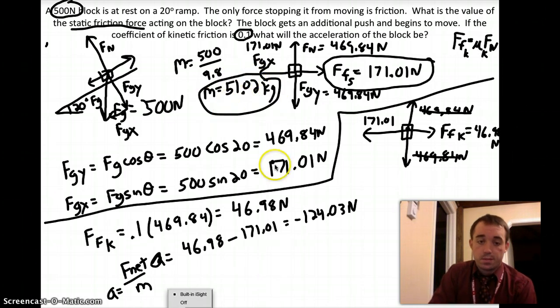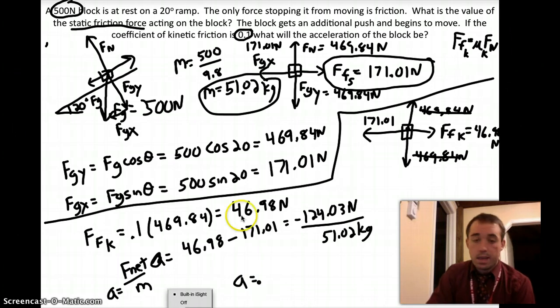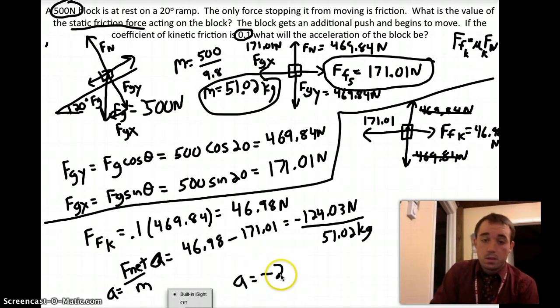So we can use that piece of information and divide our net force by our mass, 51.02 kilograms, to get an acceleration of negative, the reason it's negative is because negative means down the ramp, 2.43 meters per second squared.